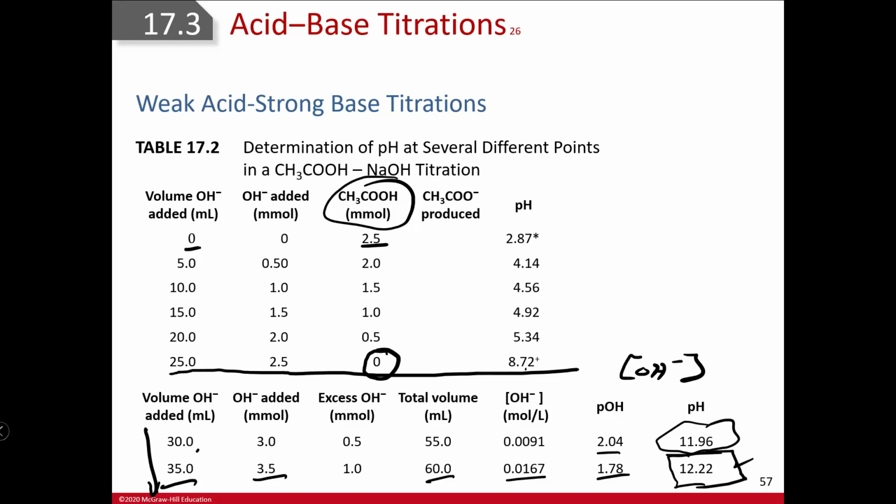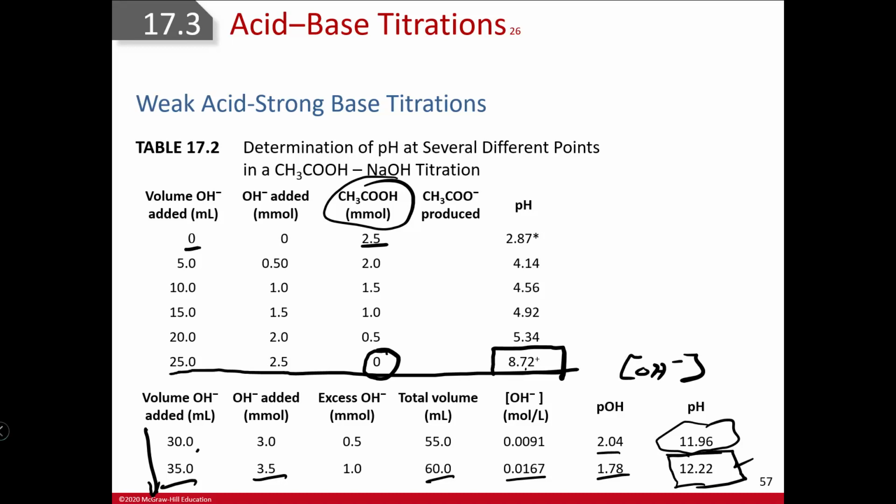The main thing I want you to get out of this is I want you to be able to do a titration plot. But just remember, if it's a strong base with a weak acid, the equivalence point is going to be above 7. You can actually figure it out, but it is going to be above 7.